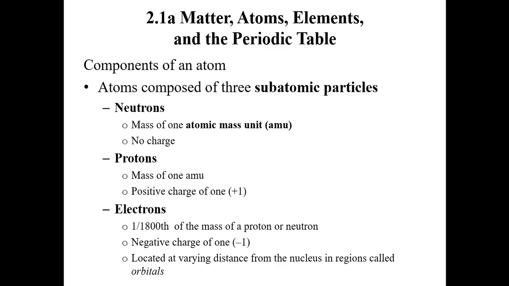So one more time. The nucleus of an atom is made out of protons and neutrons. That makes up most of the weight. The electrons are the ones that are flying around in what we call orbitals. And that's mentioned at the very bottom of the slide. Orbitals. So electrons fly around in orbitals.